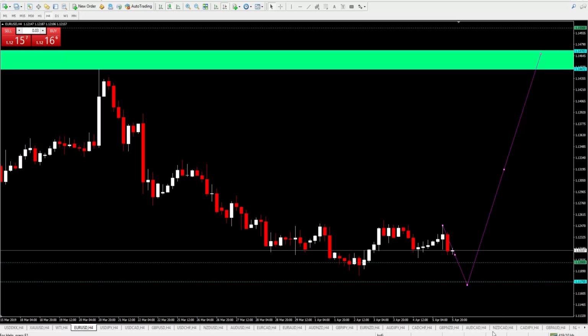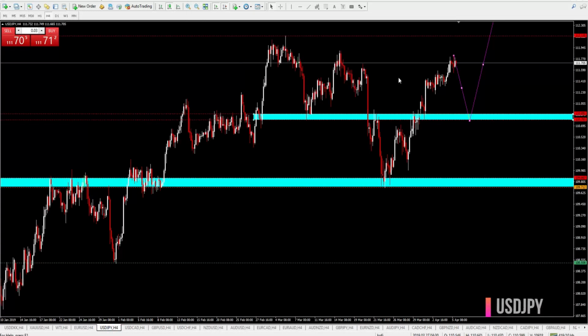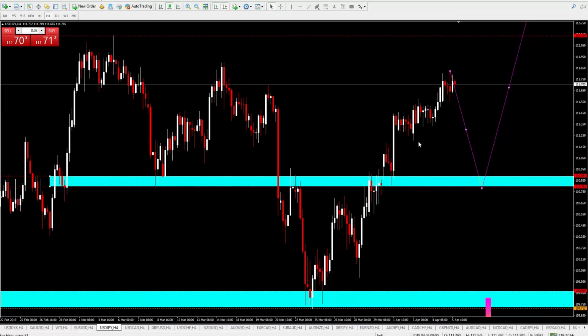Now, USDJPY, also we're expecting a pullback down. Looking at how that trend is moving, it's kind of a consolidation trend now. Looking at the downtrend and how fast the sellers are in this market, I'm expecting a sell to happen in this market.